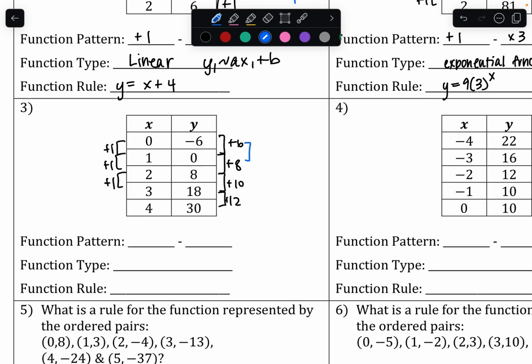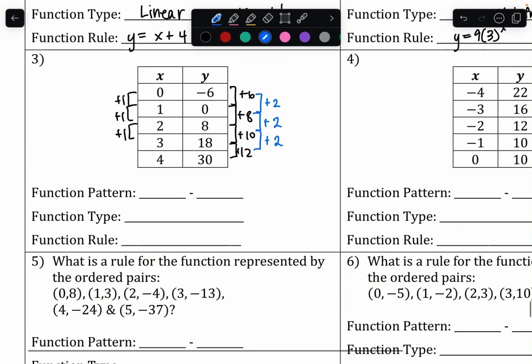So from 6 to 8, we've added 2. From 8 to 10, we've added 2. And from 10 to 12, we've added 2. Okay, and so in the x's, we're adding 1, and in the y's, we have a common second difference, which is 2. And so this is a quadratic function.